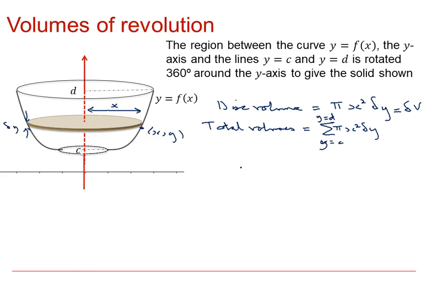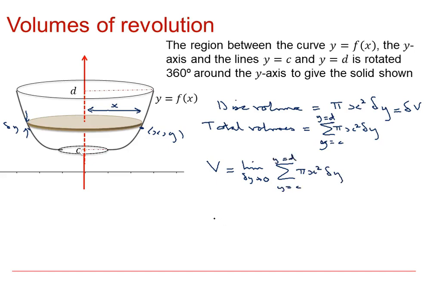At the moment they are an approximation for the required volume. The exact volume, which is what we're looking for, will be the limit as delta y gets smaller, so the disks are getting thinner and thinner, but you're getting more of them, of the summation of pi x squared delta y from y equals c to y equals d.